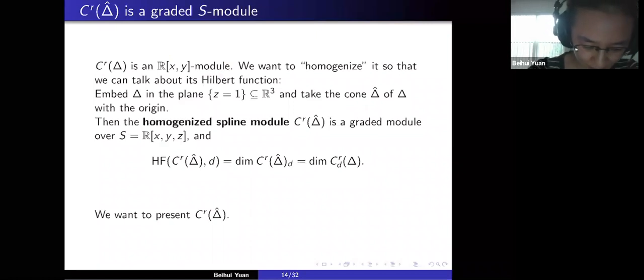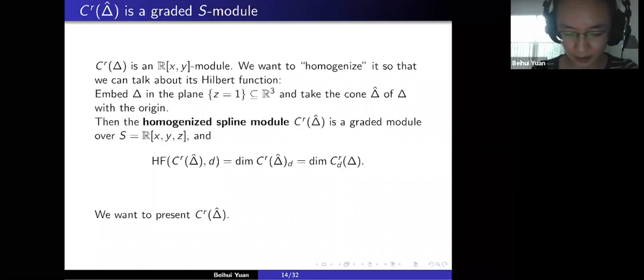So we embed delta in the plane z equals 1 in R3. And we take the cone of delta with the origin, and we denote this cone by delta hat. Then the homogenized spline module, with this notation, is a graded module over R[x,y,z], that is, in 3 variables. And we denote this ring by S.